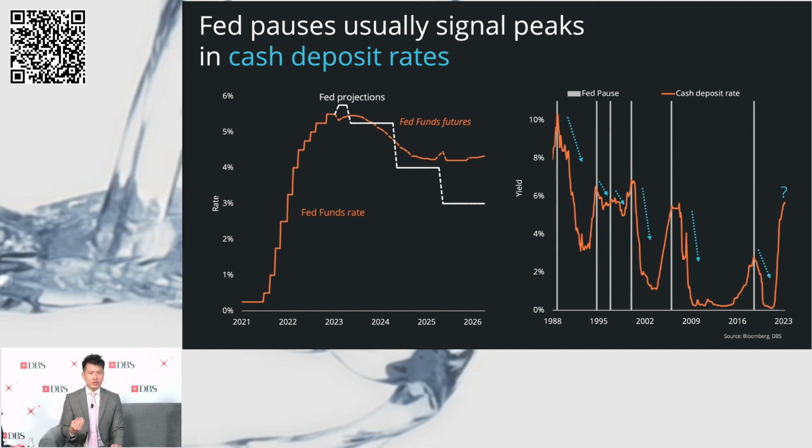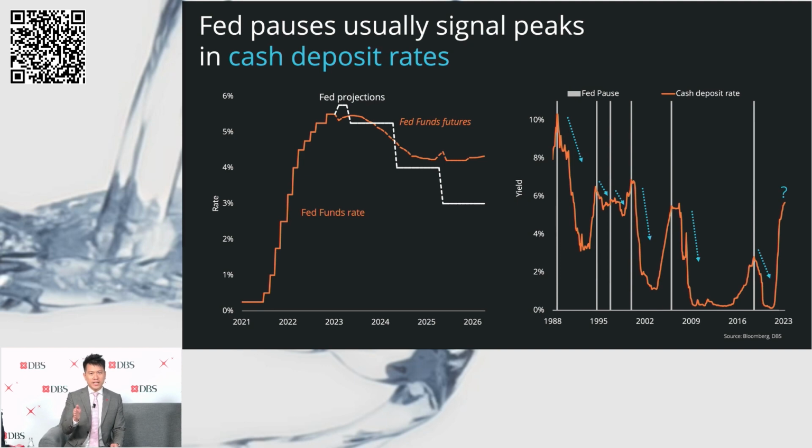And if we are close to a policy pause, this generally does not bode well for your cash deposit rates, right? If I were to draw your attention to the chart on the right, the gray lines on this chart represent periods in history over the last 35 years when the Fed also paused in their monetary policy.